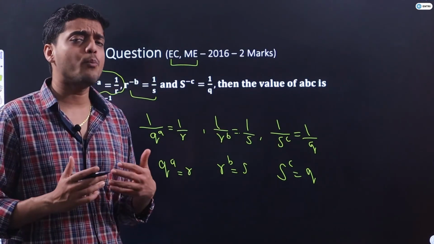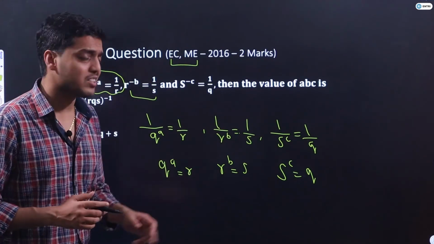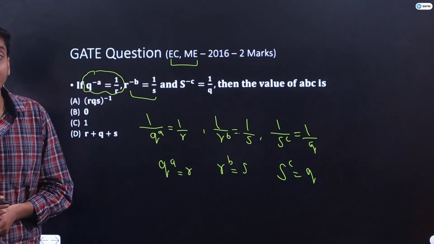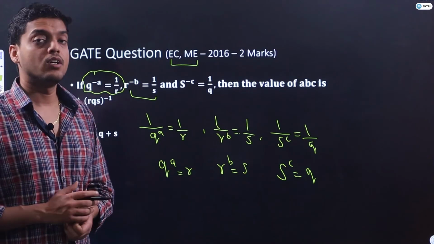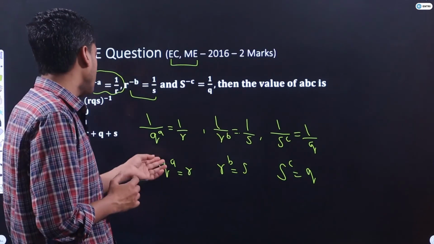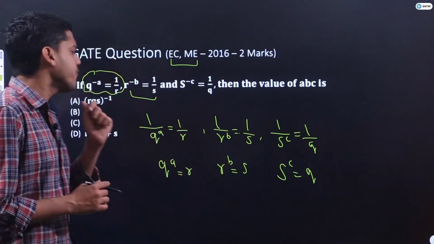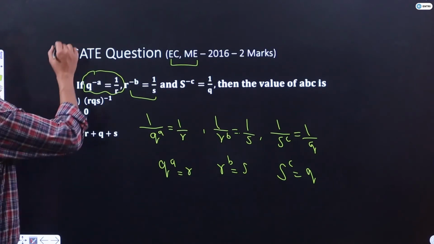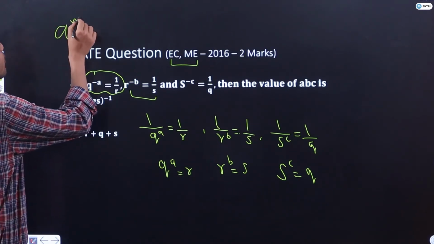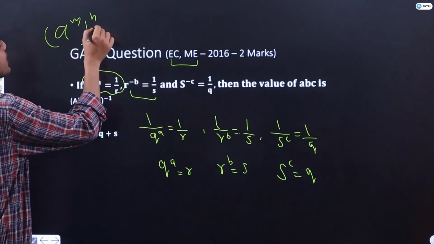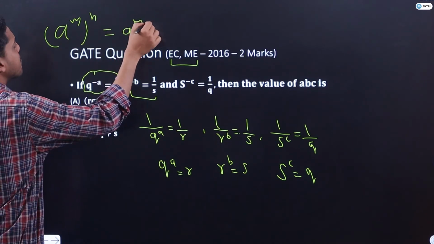Now I want to find a, b, c, which are in the powers. So what will I do so that I am able to find the product of abc? Sir, if you have something in the power, the product is only possible if you do it like this, then only the powers will get multiplied.